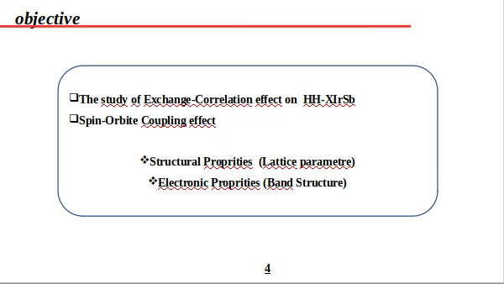Our aim in this present work is studying exchange correlation and spin-orbit coupling effects on our compounds, such as structural property by calculating the lattice parameter corresponding to each approximation used here, as well as electronic property by calculating band structure and gap energy.